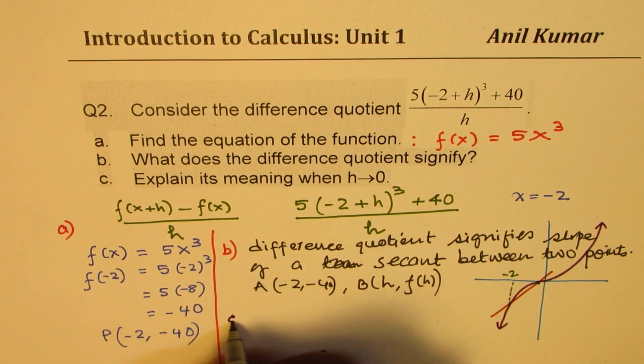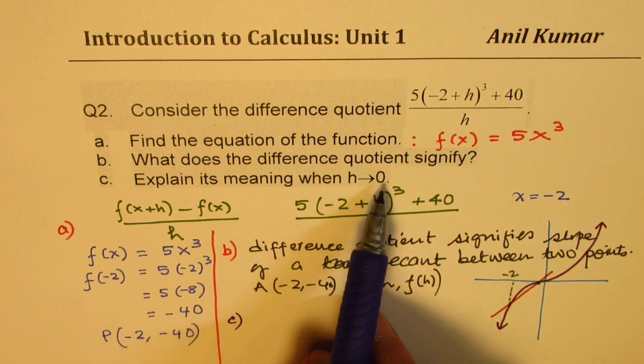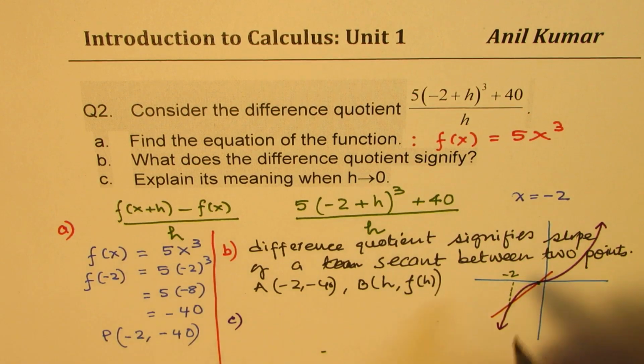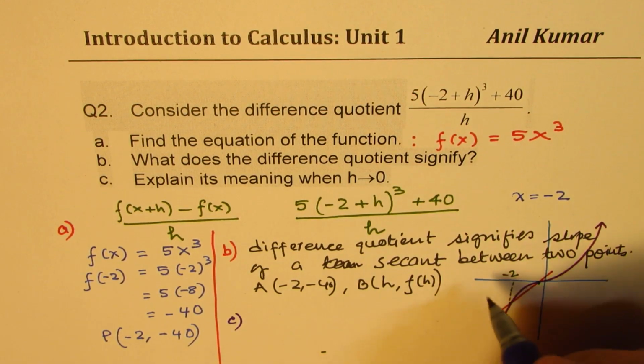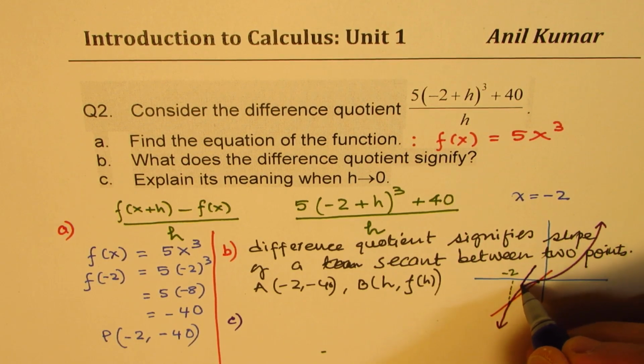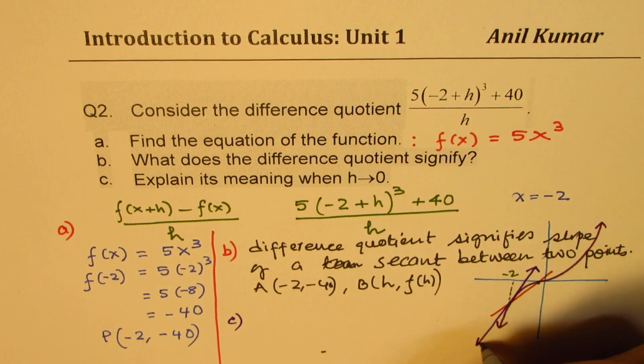Now let's look into part C, which is explain its meaning when h approaches 0. So now when h approaches 0, that means h is very, very close to this. So we're talking about a point which is extremely close to this. So the situation now becomes, the secant becomes kind of a tangent. Do you see this part?